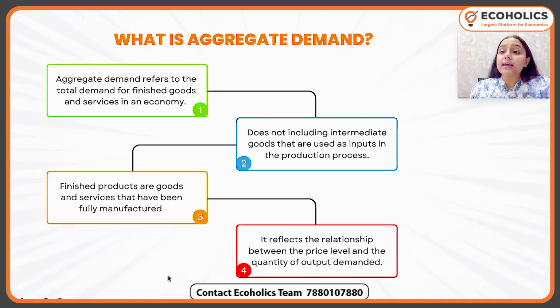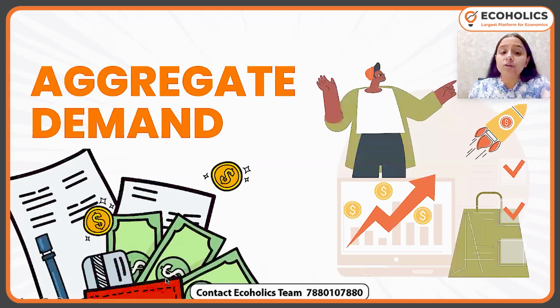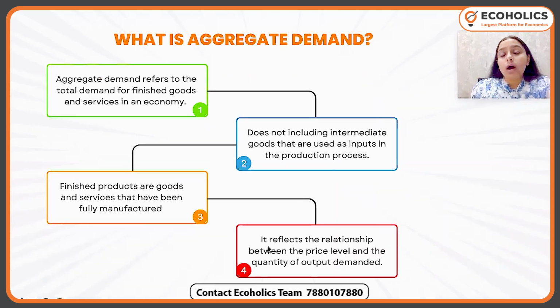So what is aggregate demand should be your first question. Aggregate demand is a macro level concept where we talk about the economy together. It means the total demand by the individuals of the economy.